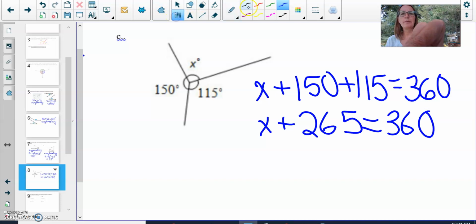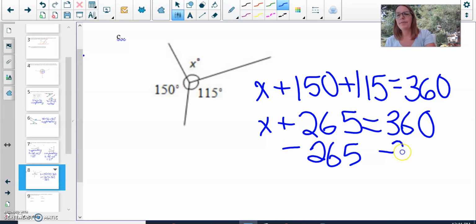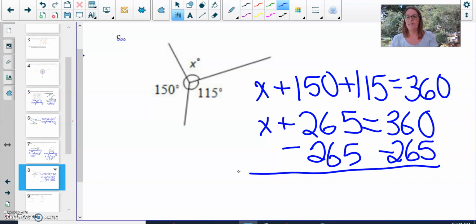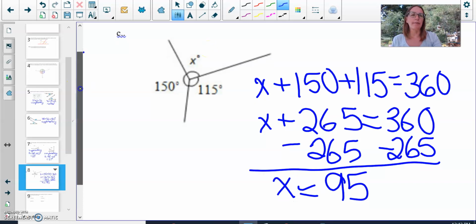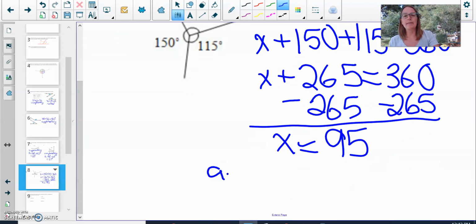Do my inverse work, so I'm going to subtract 265, and I get x equals 95. I'm not labeling that degrees because the x was labeled with degrees already. And these are angles on a point.